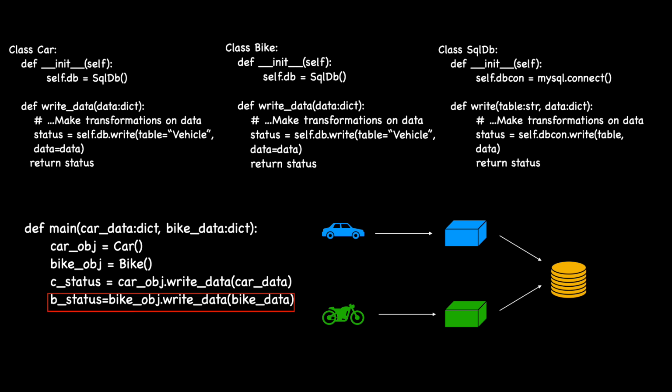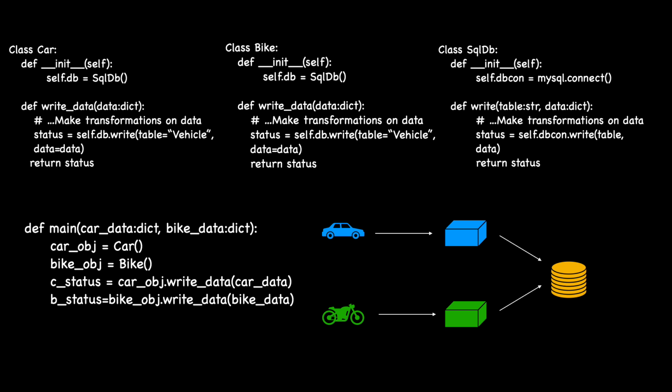Similarly, the interpreter will go to the next line. Similar to the car object, the bike object will write the bike data through the write data method with the help of a SQLDB instance created by the bike object, I mean the green one.